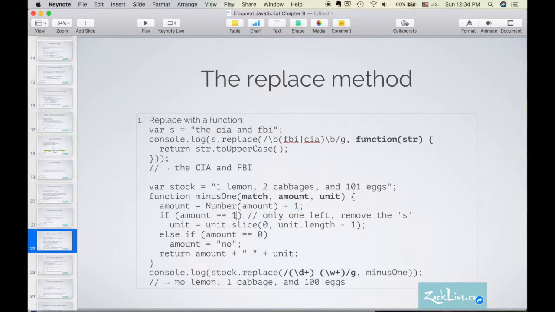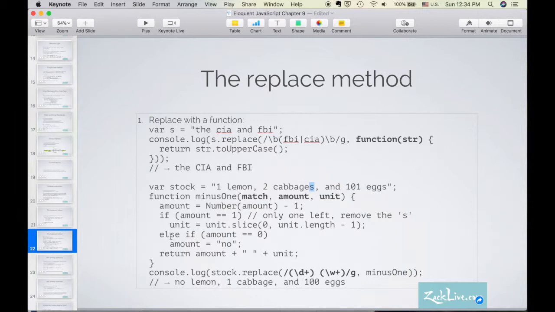That means the previous value should be 2, right? So since the S is always the last character, we can use the slice method on the units to cut the last character. So slice from the very first character to the second to last character. Therefore that's how you get rid of the S at the end of the units.